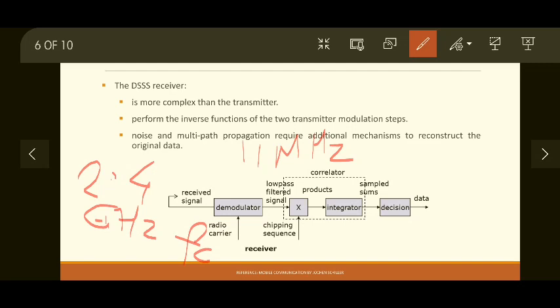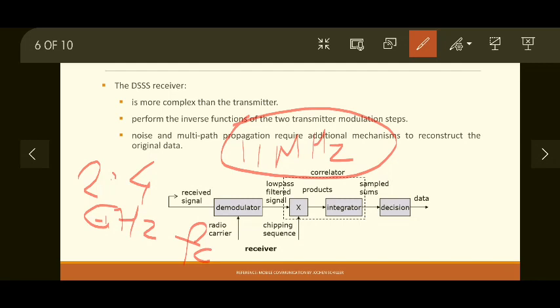So 2.4 gigahertz is demodulated with Fc to generate the 11 megahertz signal. Now the demodulator usually generates multiple products. To select our desired 11 megahertz signal, we are using a low pass filter, so that only the 11 megahertz signal will be available at the output and other products of the demodulator will be ignored by the system or receiver.